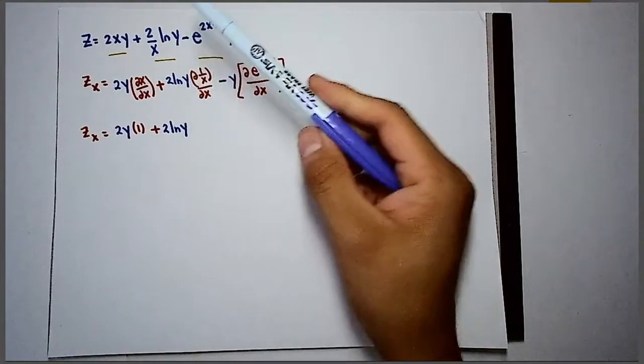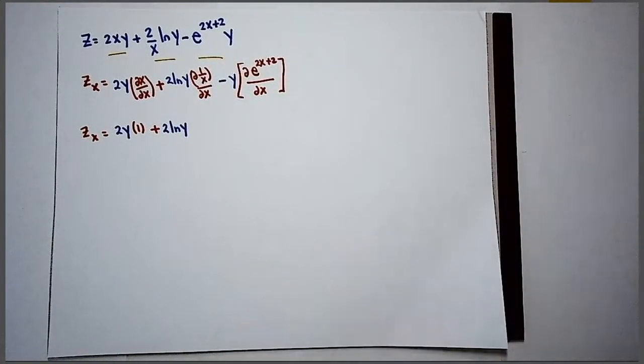Now remember that 1 over x is a very special case because this is going to be like x to the minus 1.